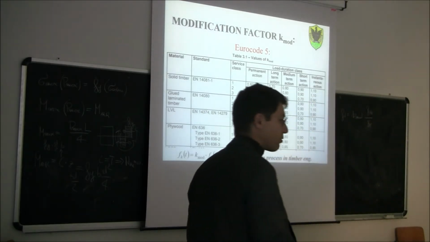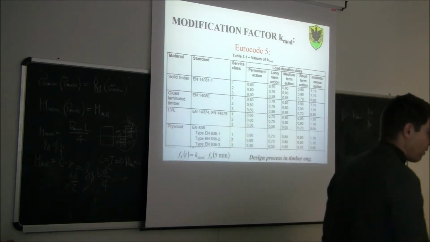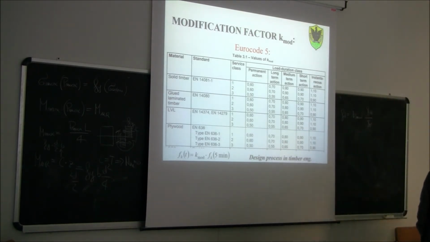Each of those is associated to a certain load duration class. So, you see, as you move from permanent load duration classes to instantaneous load duration classes, the k_mod raises from 0.6 to 1.1. Why is that?